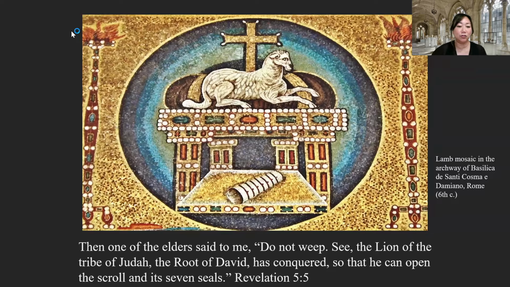The Lion of the tribe of Judah, the Root of David, has conquered so that he can open the scroll and its 7 seals." Ironic that the Lion of the tribe of Judah is represented by, paradoxically, a lamb, but the lamb is what ultimately, in the following verses, is the one opening the seals and causing disaster to happen upon the earth as each seal is opened and the horsemen come out, etc.